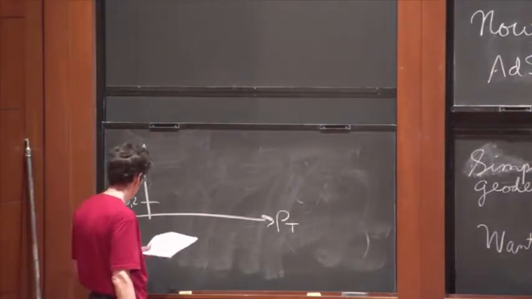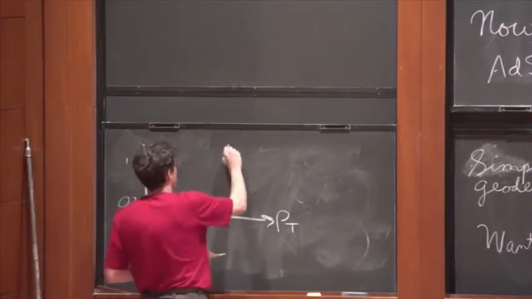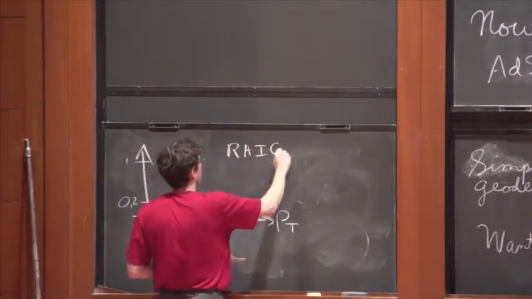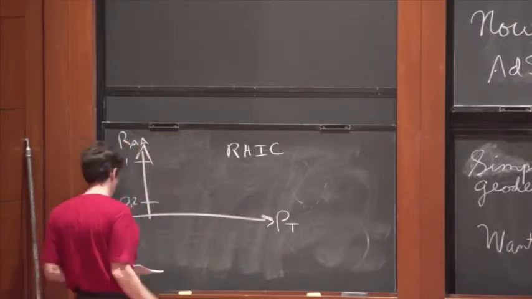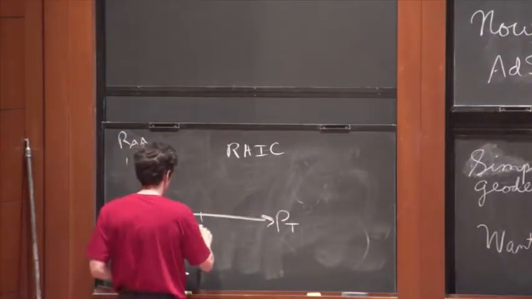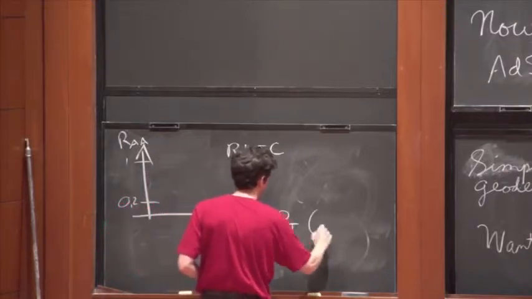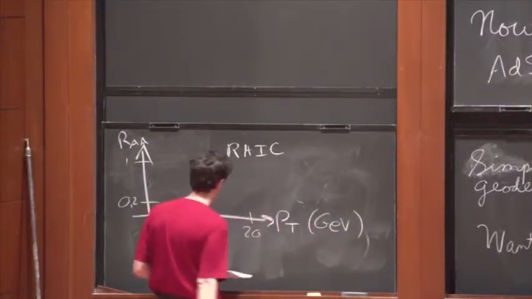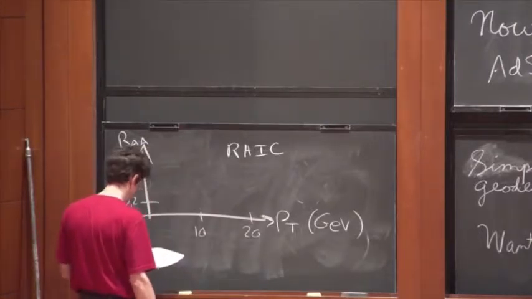And a striking thing about the plasma created at RHIC is that RAA is quite small. It's now measured out to about 20 GeV, although I think the statistics start to get pretty shaky beyond maybe 10 or 12.